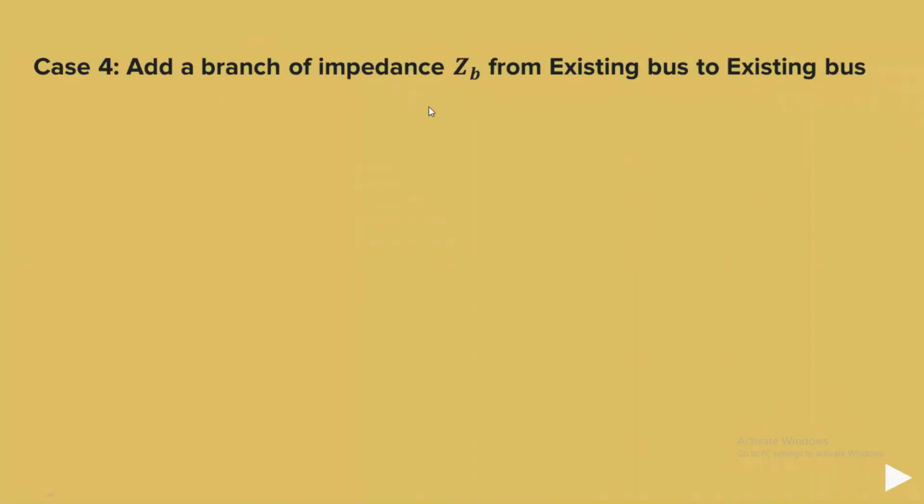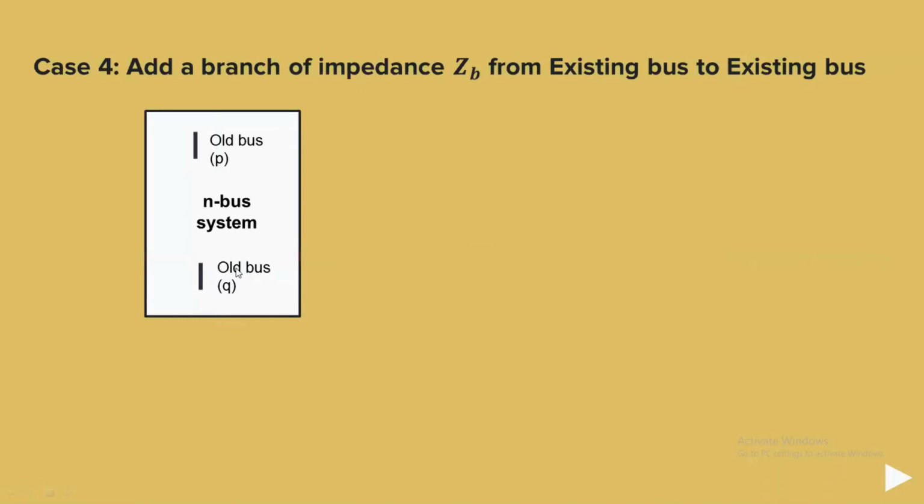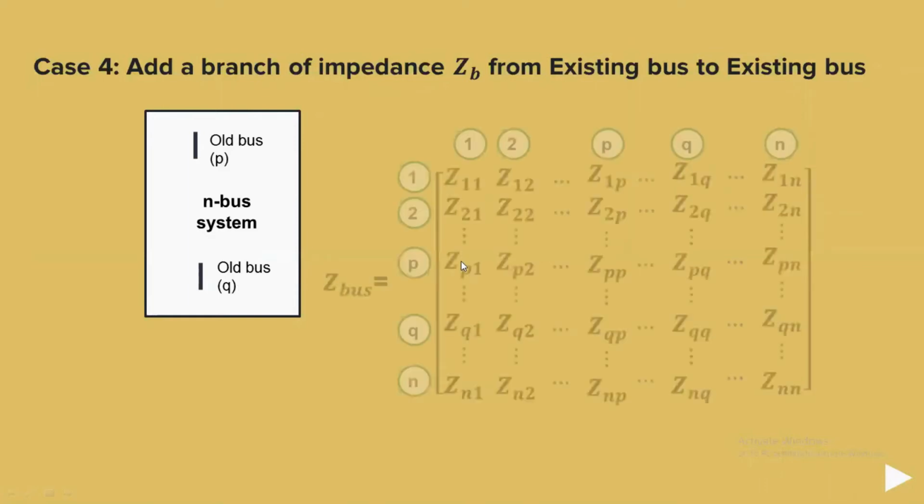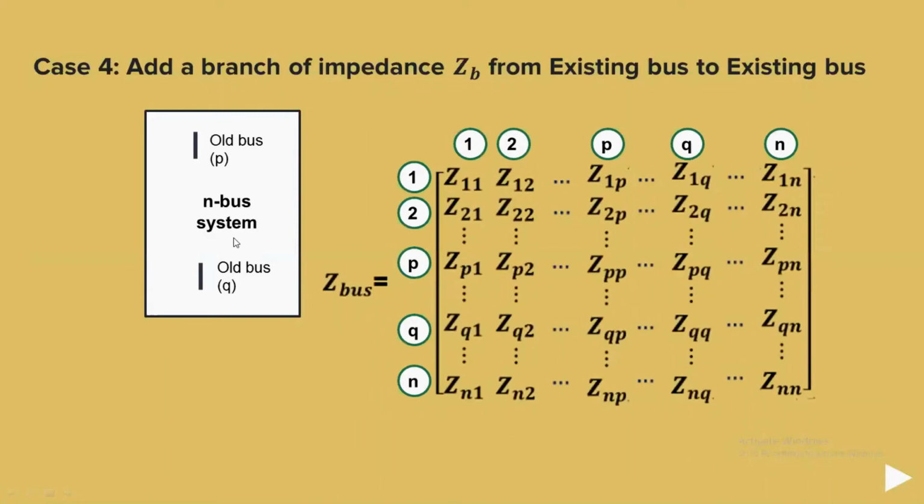Case number 4. Add a branch of impedance ZB from an existing bus to an existing bus. Here also consider an n bus system with two existing buses P and Q. Another name for existing buses is old buses. I named the old buses P and Q. The actual impedance matrix of this system is like this.